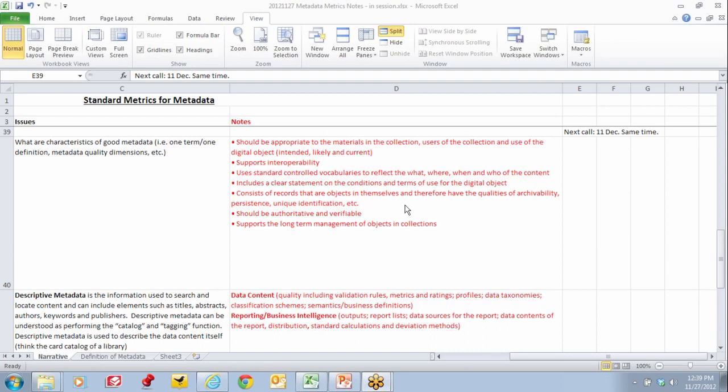Okay, so we only allocated an hour. We decided to do this, I think, every 2 weeks for a while. Before we conclude, is that still a reasonable assumption, or do you want to do these more frequently?